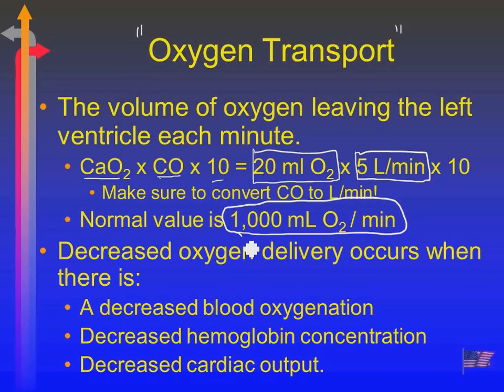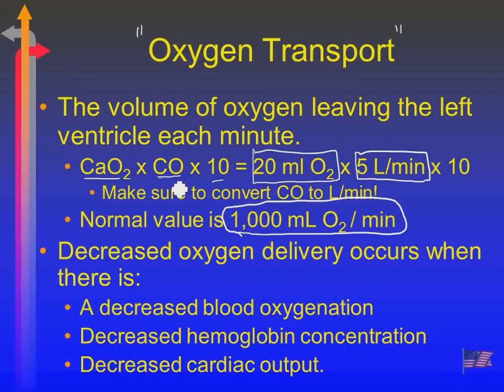If I don't have a sufficient amount of oxygen being transported, that means I have to go anaerobic, which would be a bad thing. I could have a reduction in any one of those components. Could be that my hemoglobin's low. Could be that my oxygen tension, my PaO2 is low, which is making my saturation low.